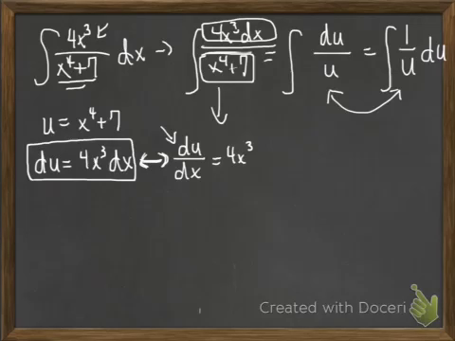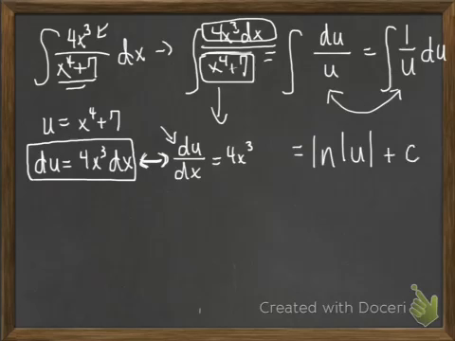So if we took the indefinite integral of 1 over u du, we basically have the natural log of the absolute value of u. Remember, u can be both negative and positive, as long as it's not 0.